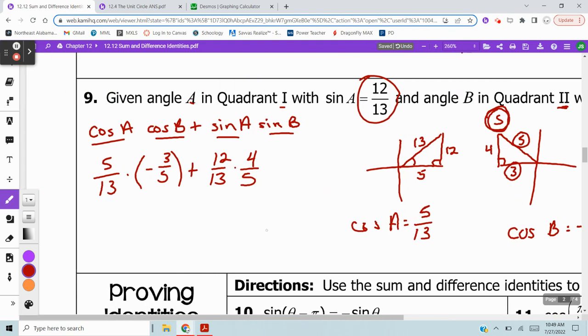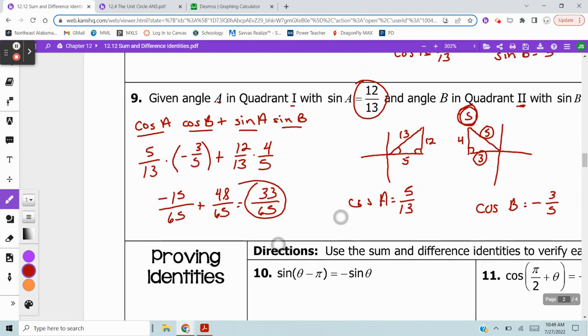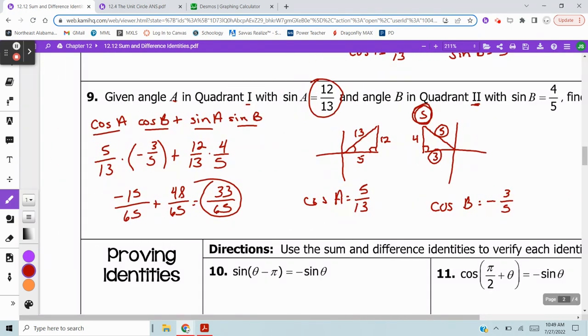And notice again, you do have the common denominator on the bottom, so I would not mess with it. So no cross canceling. You get negative 15 over 65 plus 48 over 65. You can now add them together. Negative 15 and 48 gives me 33 over 65, which will be the value of the cosine of A minus B.